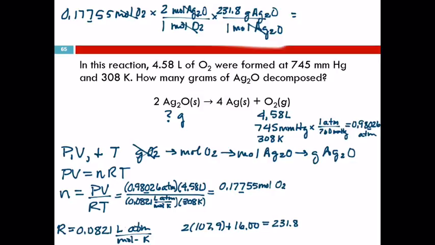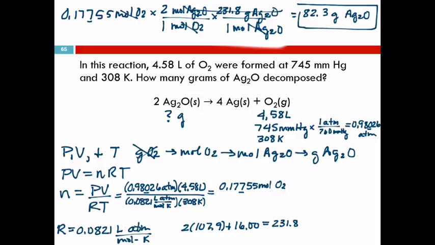So I've put 0.17755 times 2 times 231.8. And this should have 3 significant figures, and so I'm going to have 82.3 grams of silver oxide.